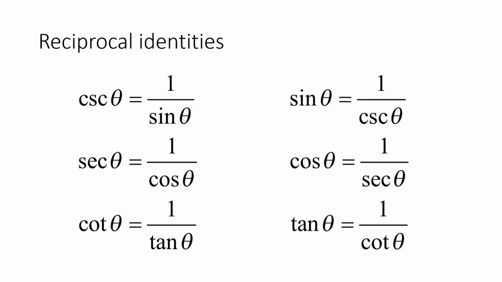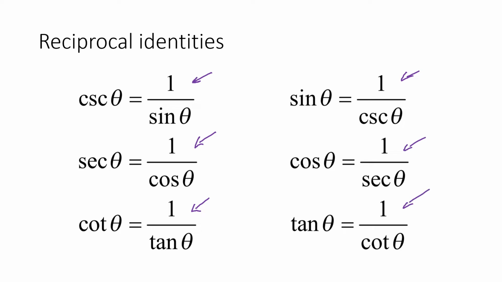So in order for you to do that, you basically have to have the identities memorized. So here are the reciprocal identities. We use the clue that these identities are the 1 over identities. So if you see 1 over, then that should be an indication to you that you are dealing with a reciprocal identity.